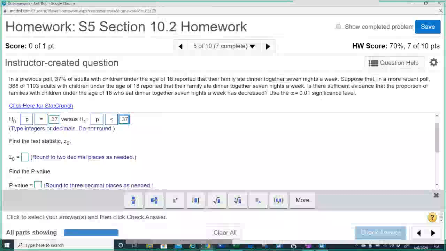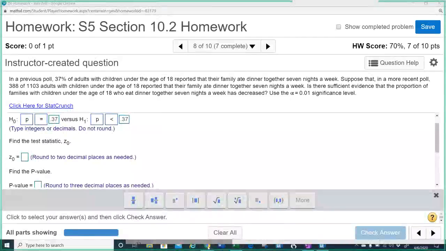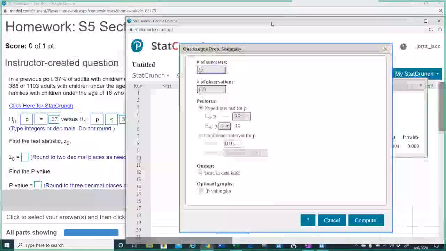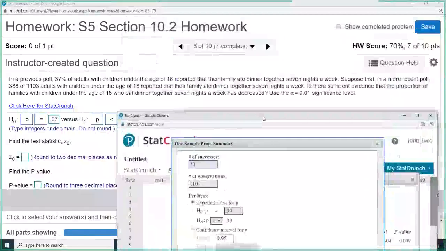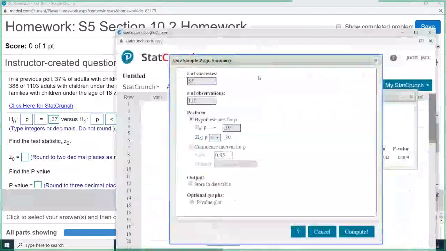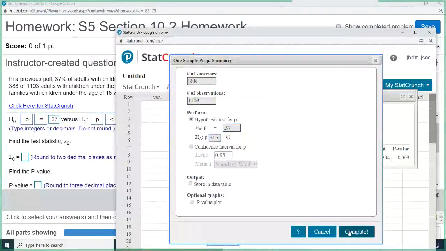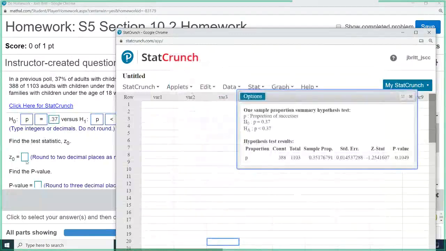Now we'll get the test statistic, which is 388 out of 1103, compared to 37, less than 37. Left tail test, so minus 1.25.